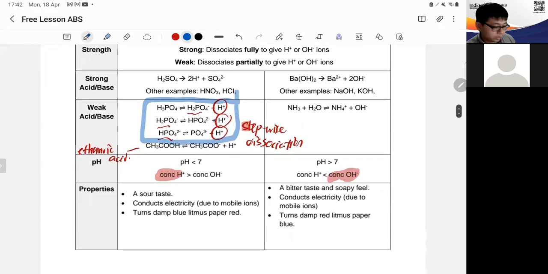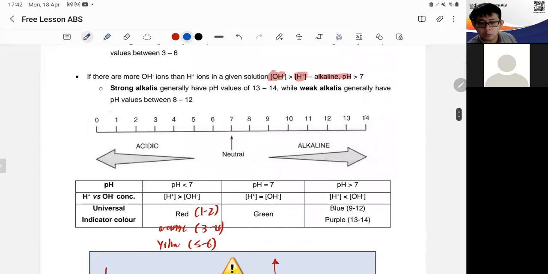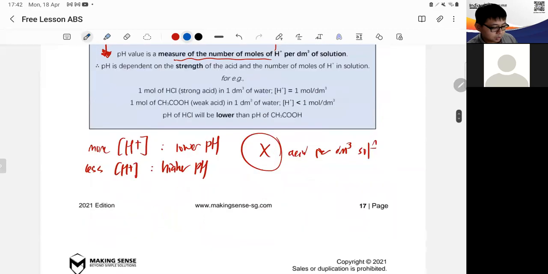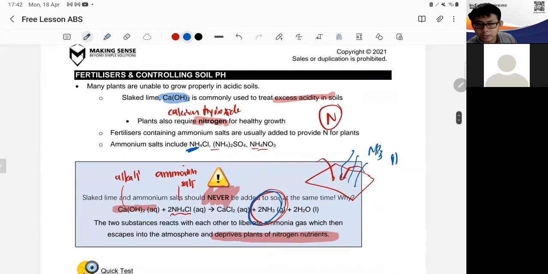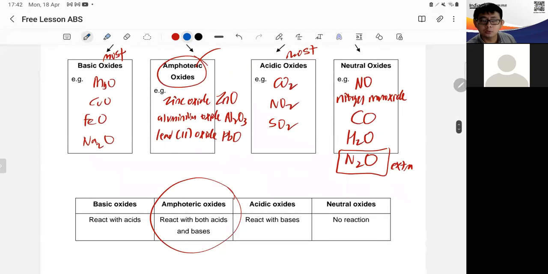What are some properties that they could have? We learned a little bit about the pH scale, learned a bit about the oxides, why we cannot add fertilizers and bases at the same time. How do I classify oxides into the 4 subcategories? What does it mean to be an amphoteric oxide?